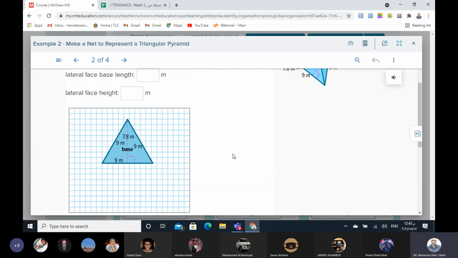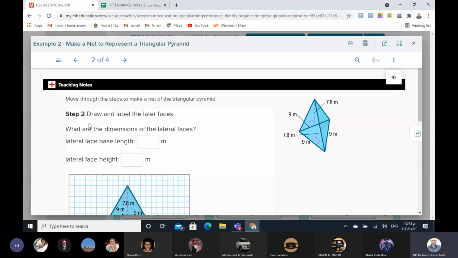The second step, draw and label the lateral faces. What are the dimensions of the lateral faces? Lateral face base. So as you see, the base will be what? Will be 9.